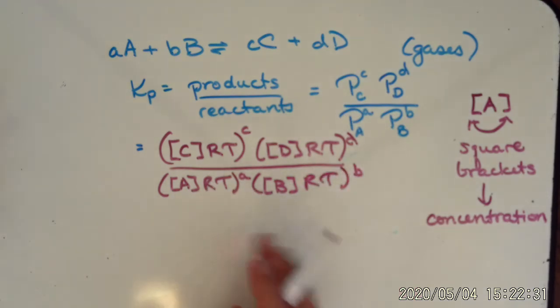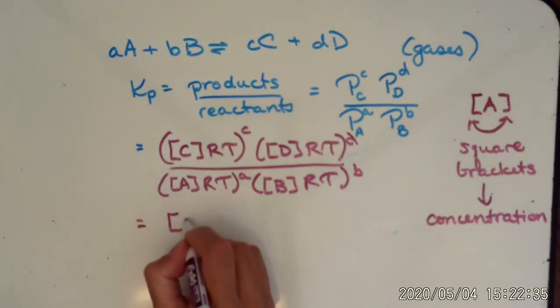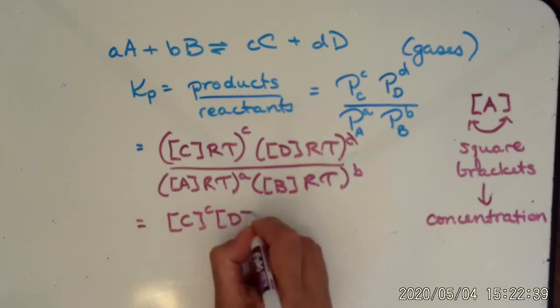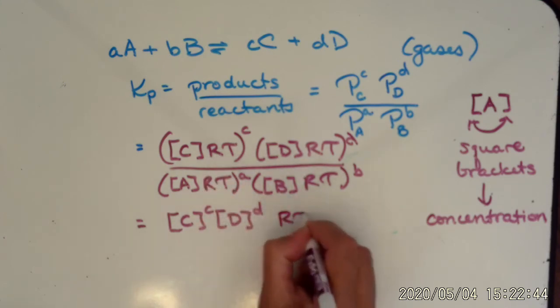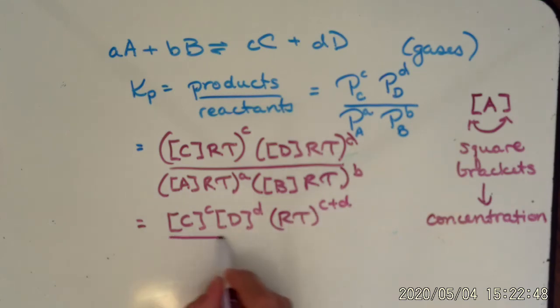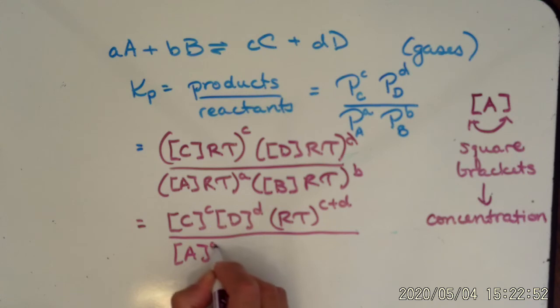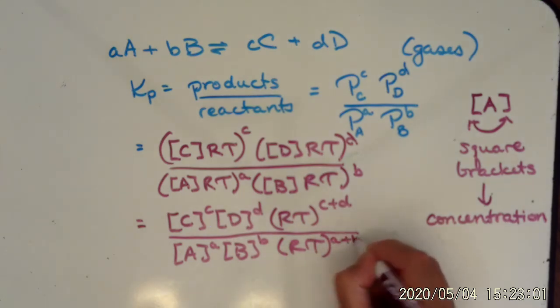Now I'm just going to basically sort everything out, do the distribution. This is the same as saying [C] to the c, [D] to the d, and then all of this is multiplied by RT to the c plus d, divided by [A] to the a, [B] to the b times RT to the a plus b.